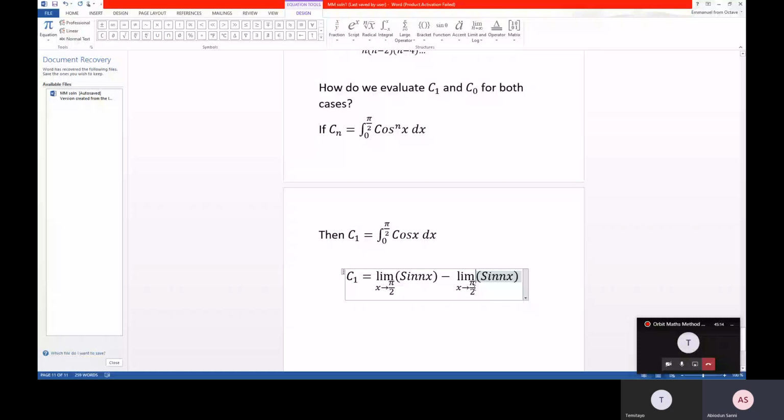I'll say then, the integral of dx from 0 to pi over 2.